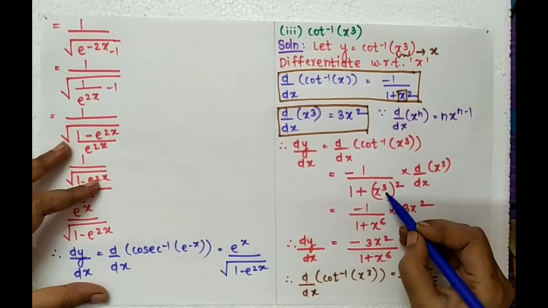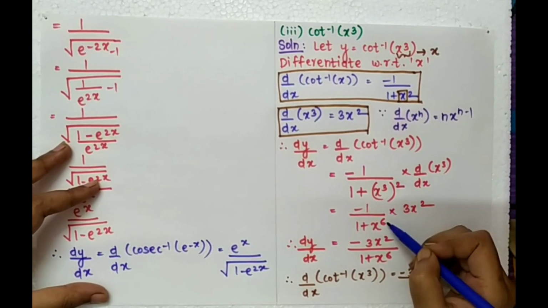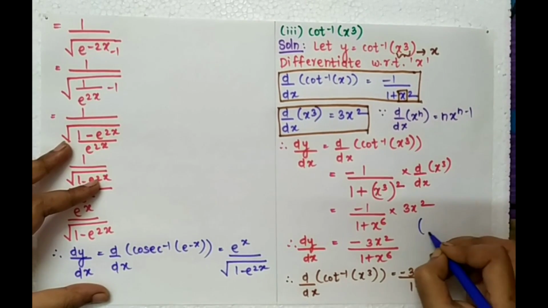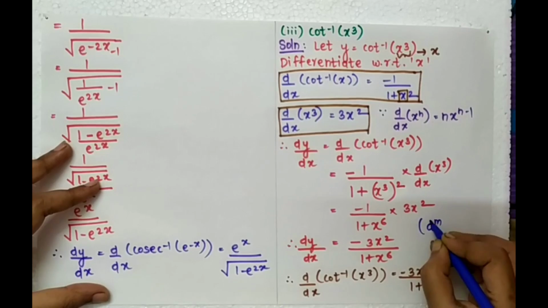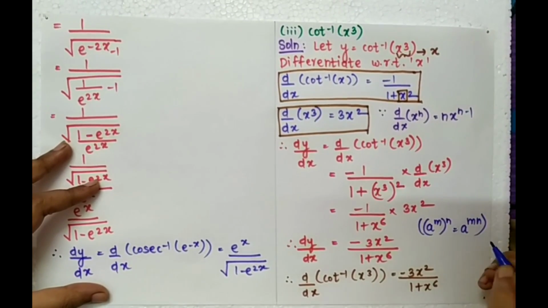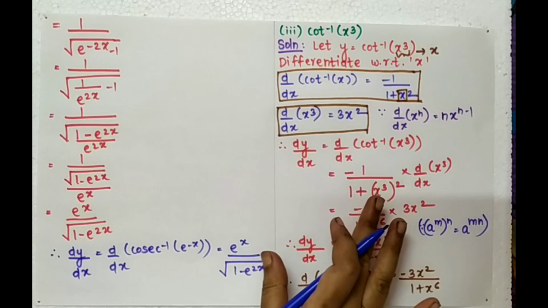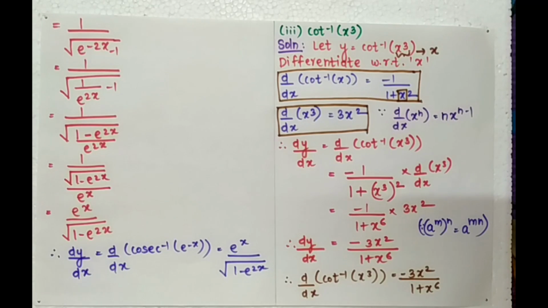See, this is x cube the whole square. 3 is multiplied with 2, we got 6. This is by law of indices, that is a power m the whole raised to n can be written as a power m into n. Please remember this also, law of indices, studied in your lower classes. Hope you found this problem very easy. Now we can move on to the next question.